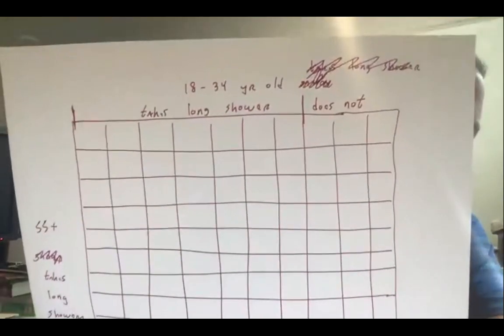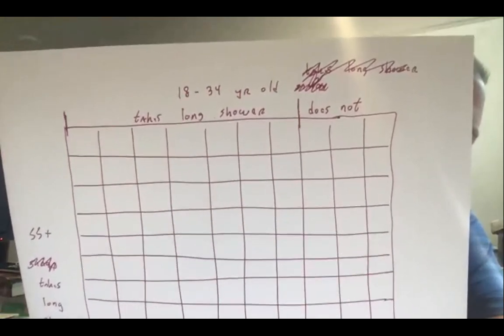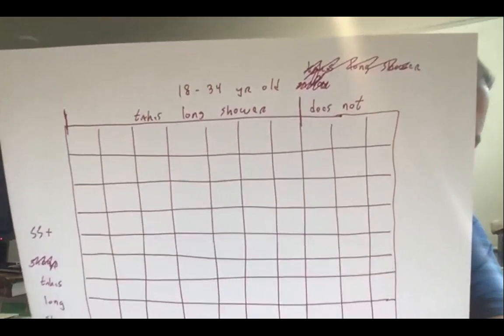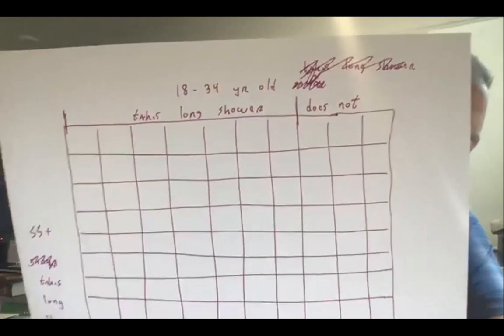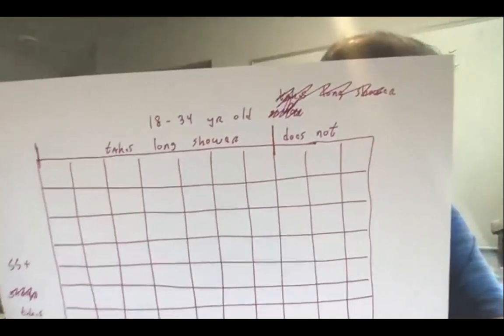Okay, so because 70% take long showers, then the first 7 boxes should correspond to take long showers, and the last 3 boxes should correspond to do not take long showers. You see what I mean? First 7 takes long showers. And the last 3 is do not take long showers.